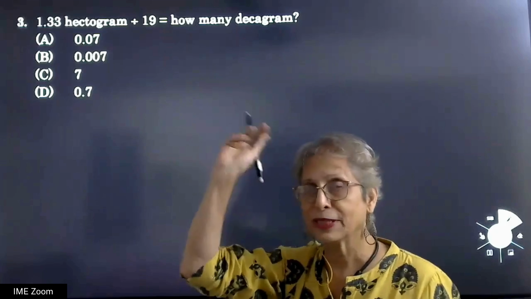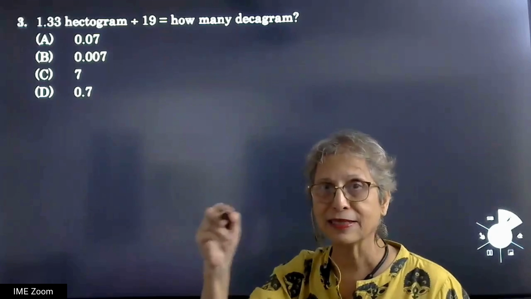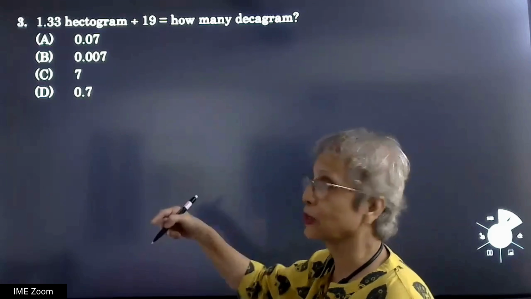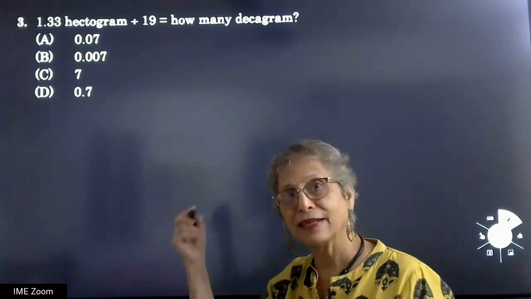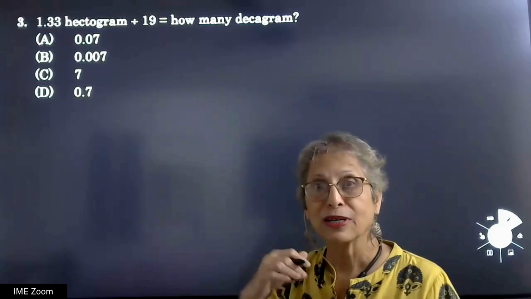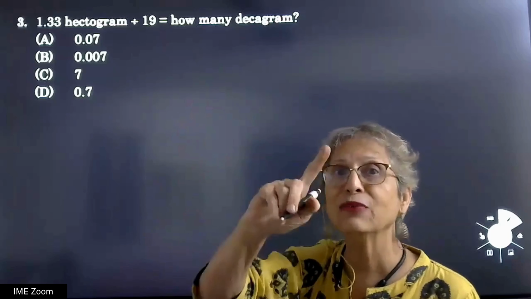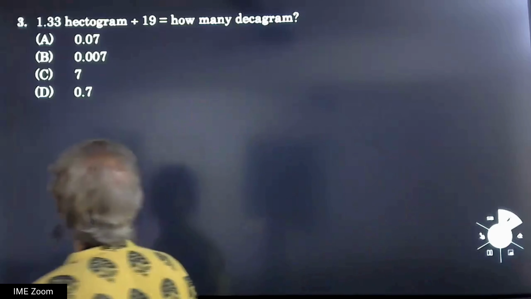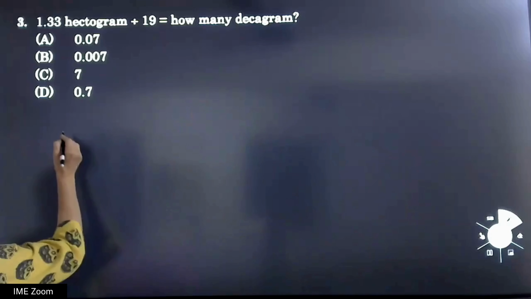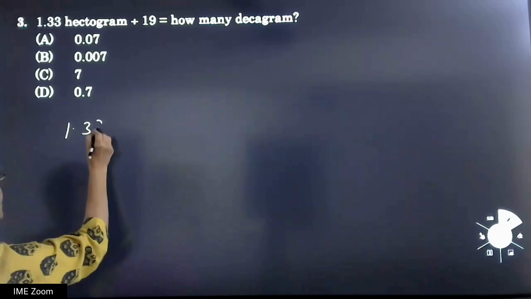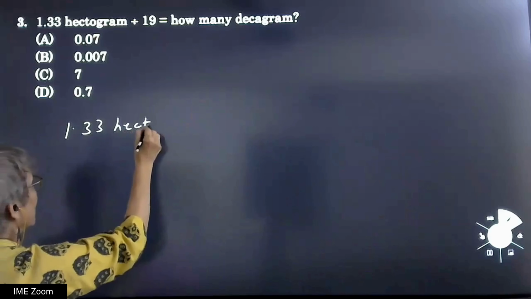Try to recall the table: milli, centi, deci, gram, deca, hecto. Hecto is greater than deca. So we have to convert hecto to deca, meaning larger to smaller, and only one step. So multiply by 10. Okay. So 1.33 hectogram.